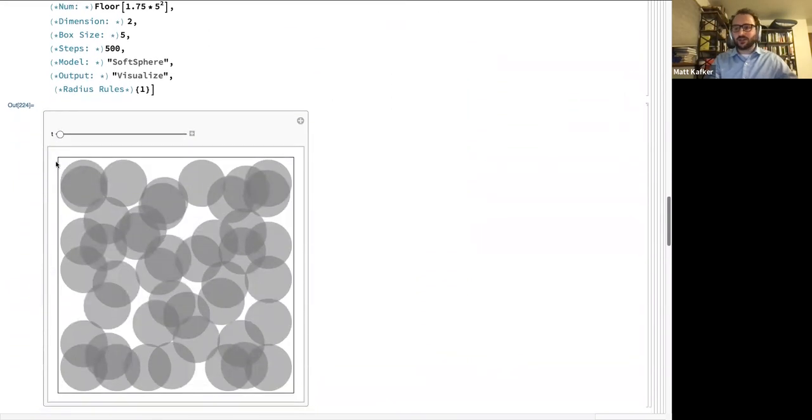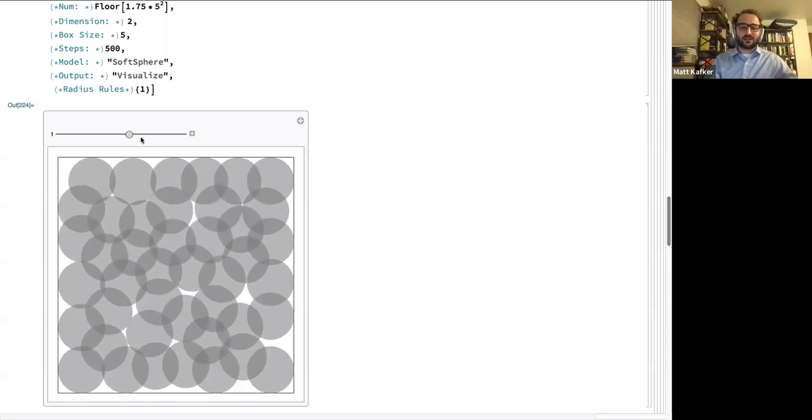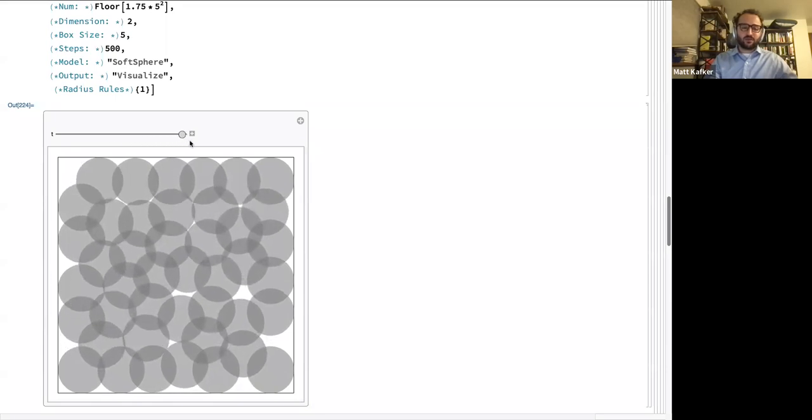This simulation should not be taken very seriously. If you want to study jamming, we can have a discussion about how you can make the code way better, but it might look something like this. So we have these overlaps here, and you should imagine these shaded regions are actually the spheres deforming in response to these contact forces with their neighbors. I had to do a little bit of fudging to get this stable.